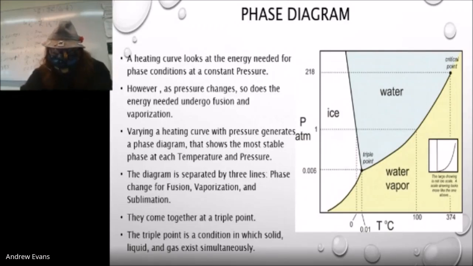So jumping back a couple slides just to go back to the temperature energy diagram.